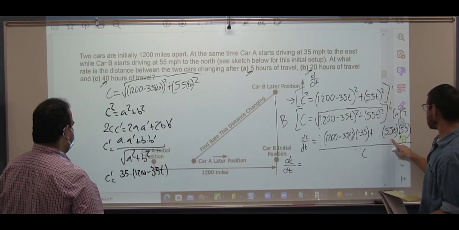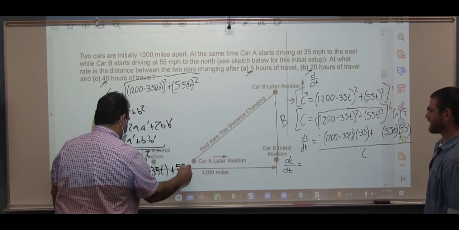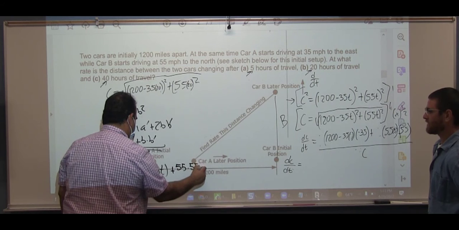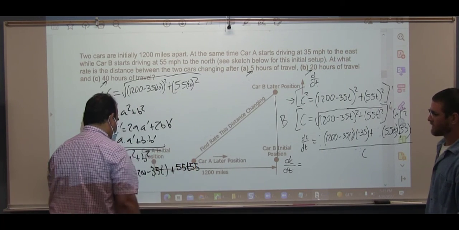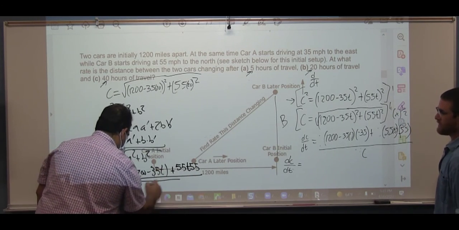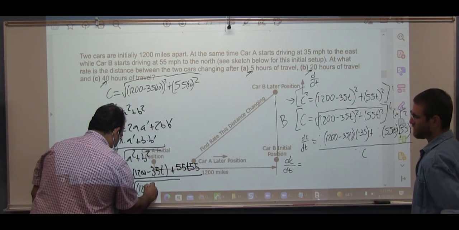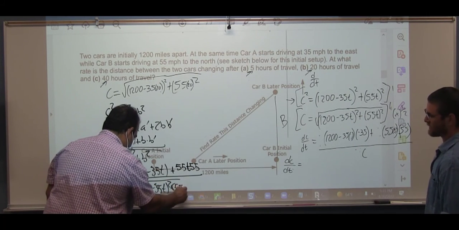Same logic went into 55. 55 times 55t, and that is over the square root of what's in the parentheses plus 55t, both squared.